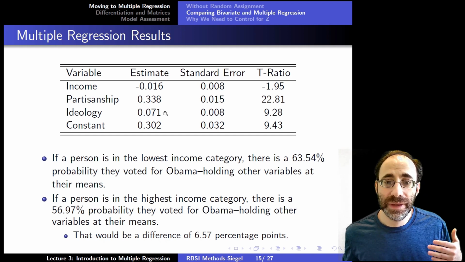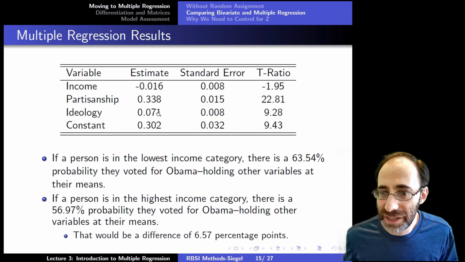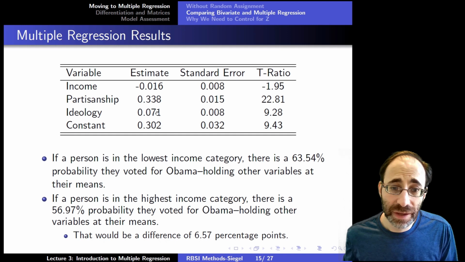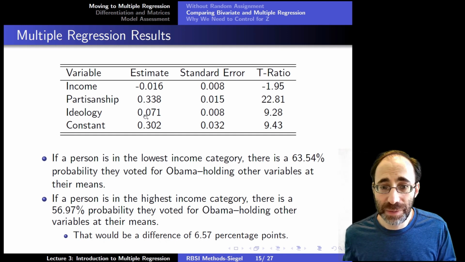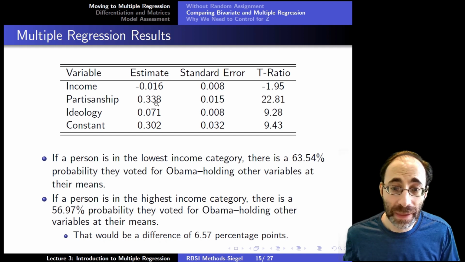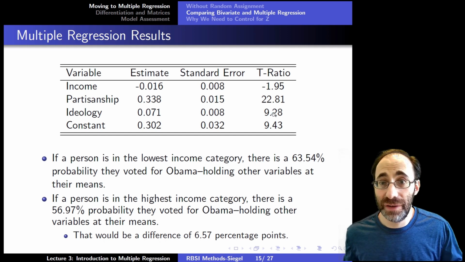Ideology is somewhat similar. It seems smaller, but keep in mind ideology goes from 1 to 7. So a 4-point spread there would be 0.28, which is a similar order of magnitude to partisanship. And this, too, is well above the bar for significance.